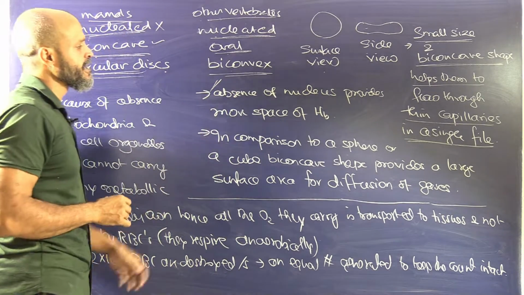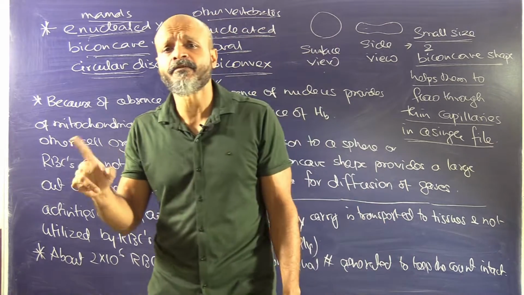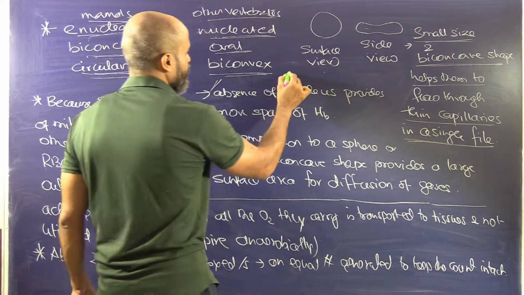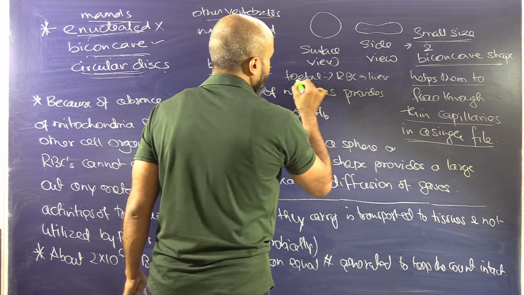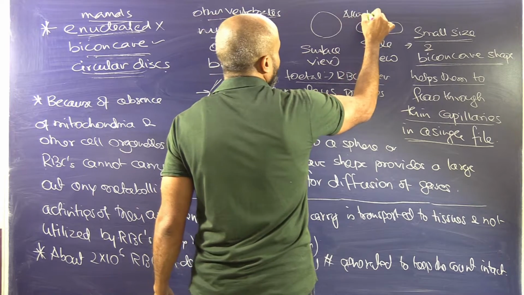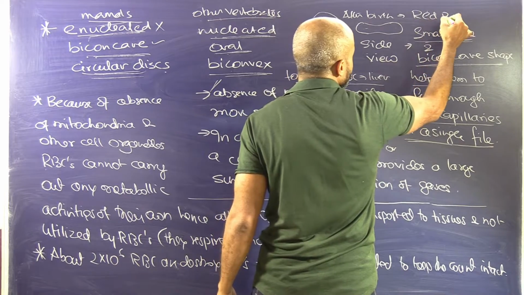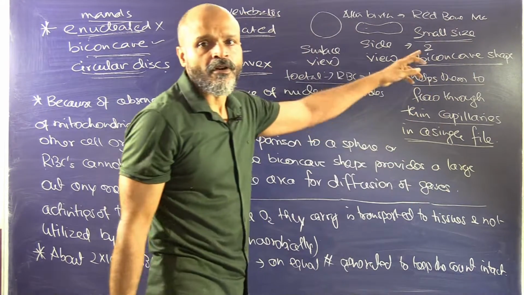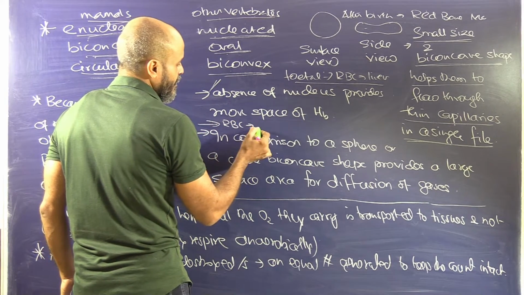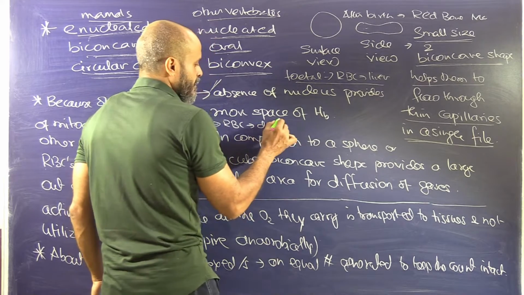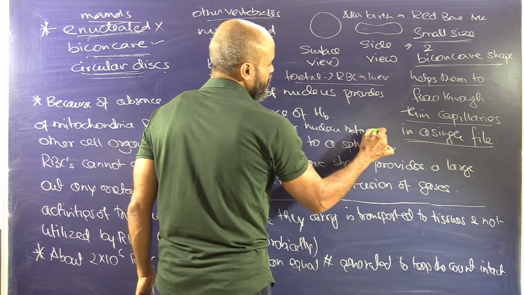What is the advantage of not having a nucleus? RBCs do have a nucleus before maturity.